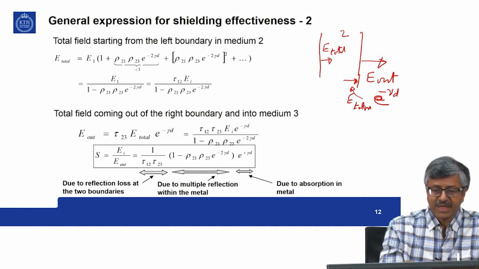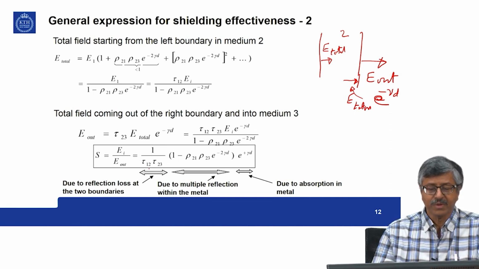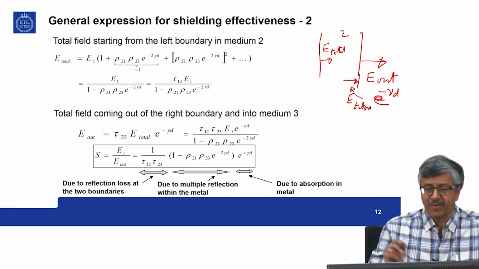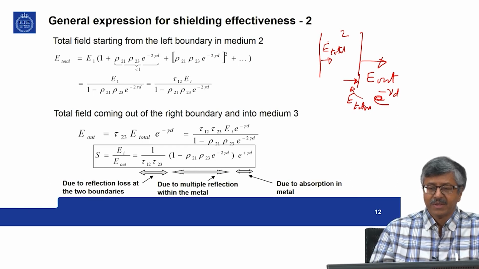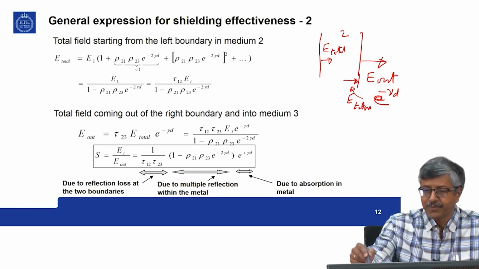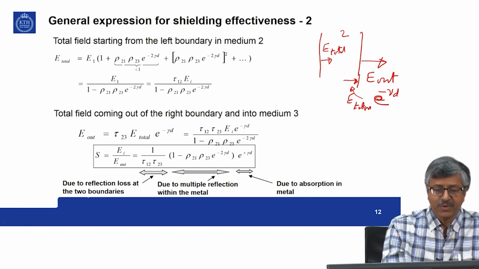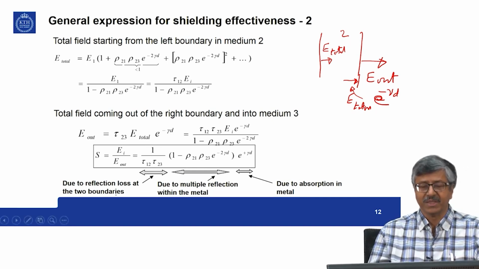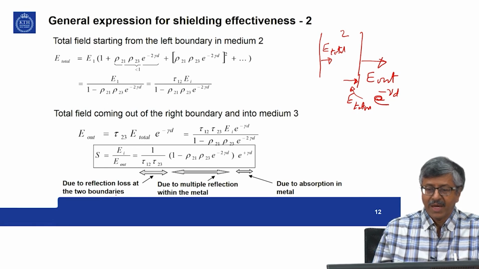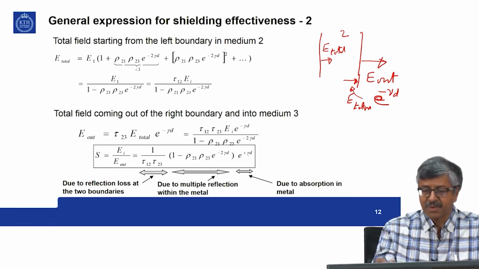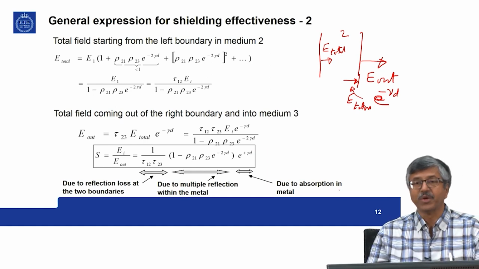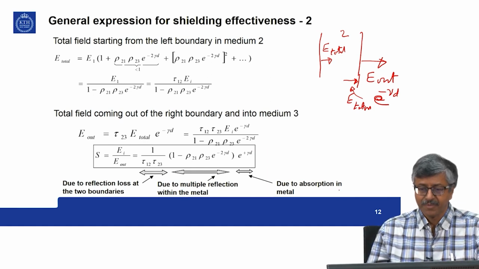The first factor, involving the 2 transmission coefficients tau 12 and tau 23 at the left and right boundaries, is due to reflection loss at the 2 boundaries. The last part, e to the power of gamma d, is due to absorption in the metal.